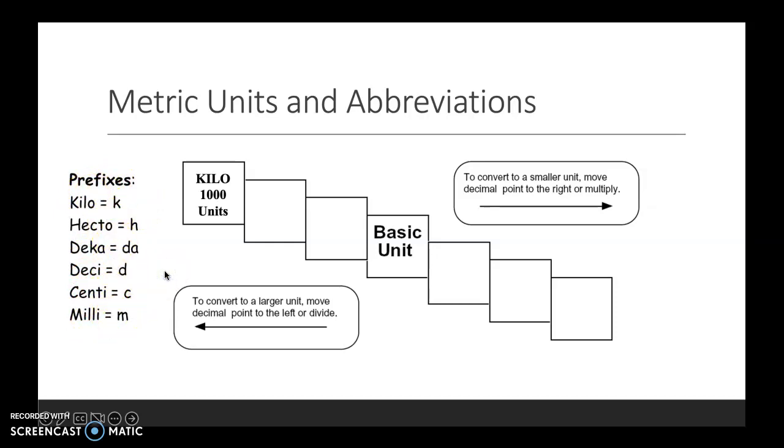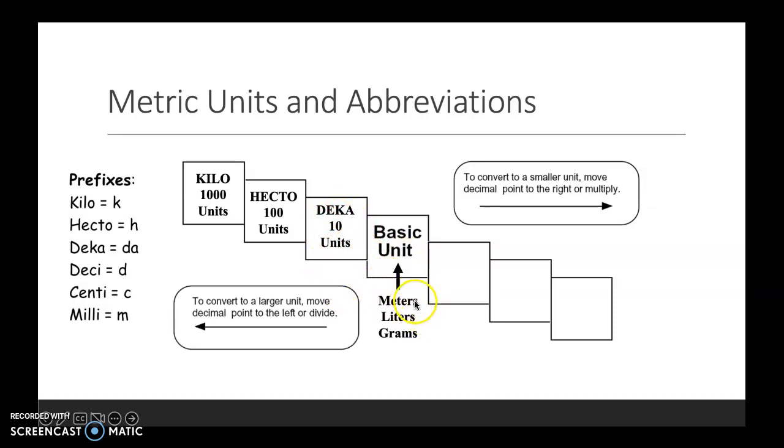Kilo means 1,000. So if we have a kilometer, that means there's 1,000 meters. If we have a hectometer, that means it's 100 meters. Deca, think of a decade, represents 10, so that would be 10 meters.